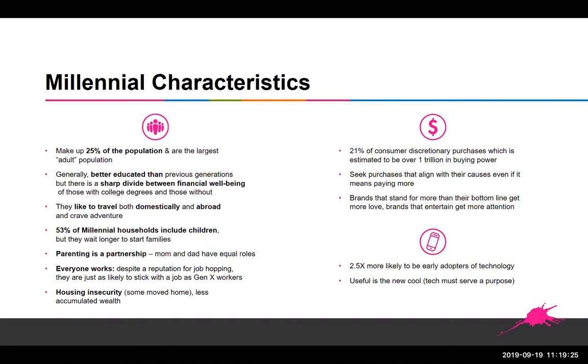They are right now in the United States the largest portion of adults in our population. Overall, they are pretty well educated, although there are some sharp differences between the financial well-being of those with college degrees and those without. In this group, everyone works and everyone is co-parenting. That's kind of a norm. That is something that is distinctly different about this audience than generations past.